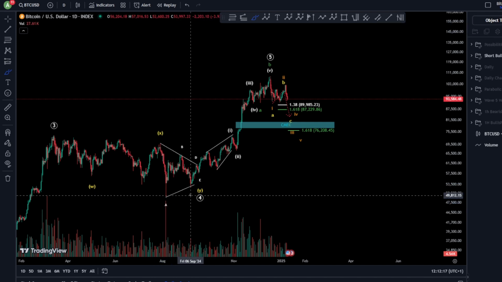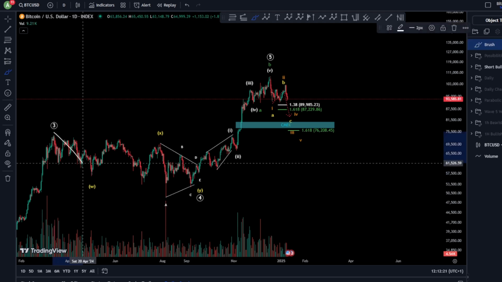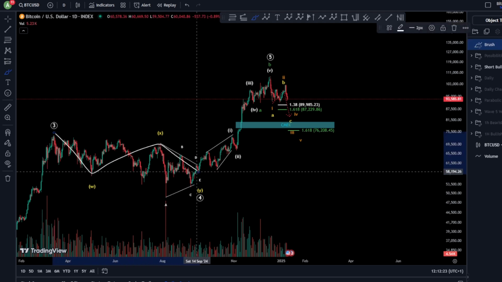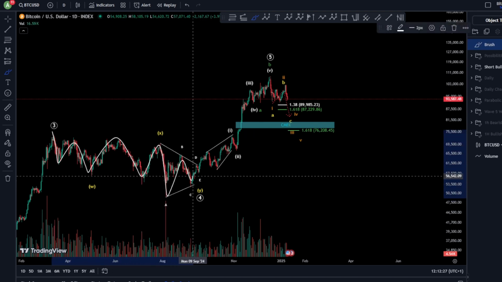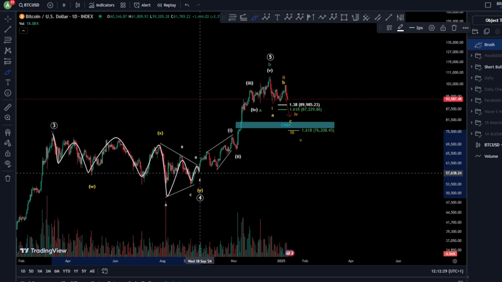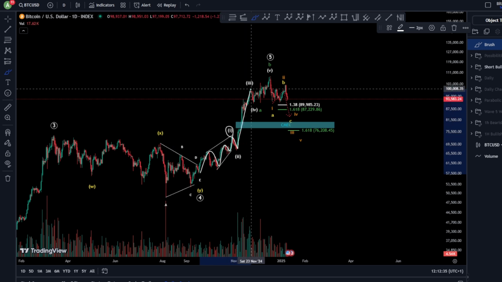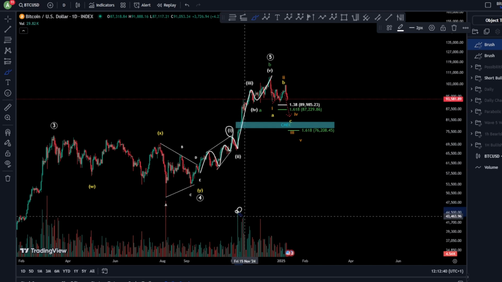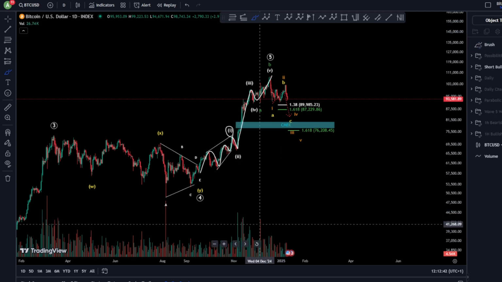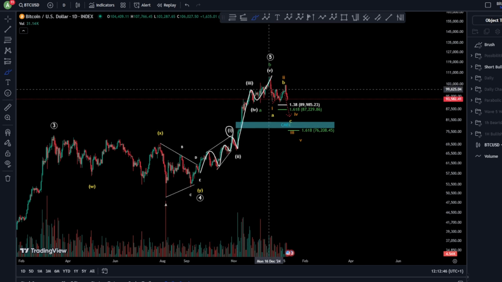Rather than finishing here, it has finished exactly at this point, where you have a W, X, and a Y. Your W is a zigzag, your X is a regular flat, A, B, C, D, E for a triangle, and of course a 1, 2, 3, 4, 5 for a leading diagonal in your wave 1, 2, and then 3, 4, and a 5. Finishing a wave 3 was a very high amount of volume, and a wave 5 also was a lower amount of volume but also very high.